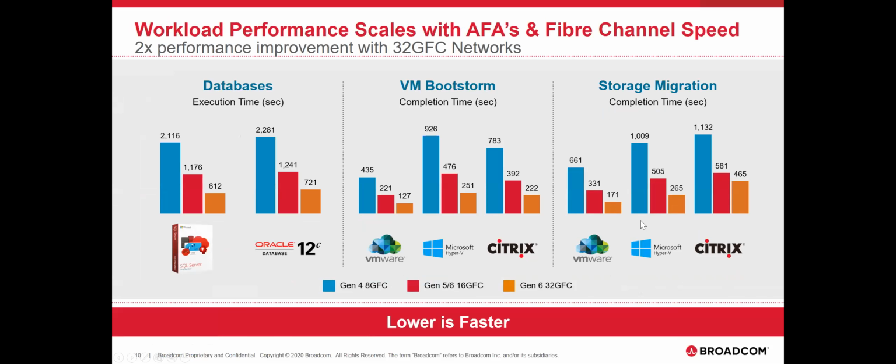And here we're just showing you that the performance gained by moving to 32 gig fiber channel HBAs and all flash arrays is scalable. Whether you are running a database, managing VMs, or doing storage migration, any one of those applications scale very nicely as you move from 8 to 16 to 32.